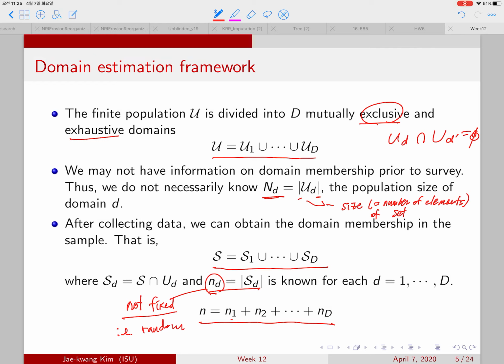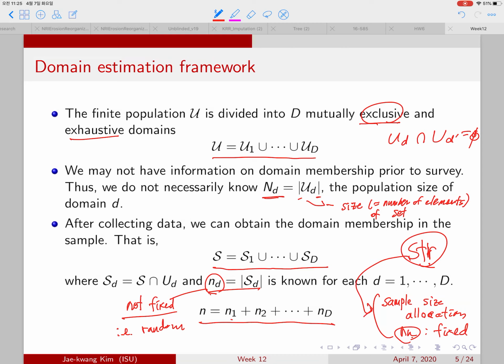While in stratified sampling, the sample size allocation determines n_h, so in this case, it is fixed. That is the main difference. In stratified sampling, the sample size for a particular stratum is fixed, while in the usual domain estimation, it is random.